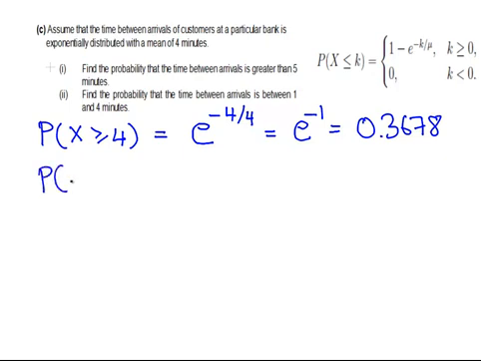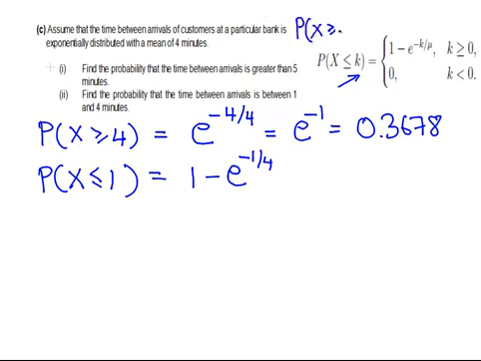Now, the probability of x less than or equal to 1, that is equal to 1 minus the exponential of minus 1 divided by 4, again using this formula up here. Actually, I'll just be clear again with regards to the first one there, that the probability of x being greater than k is just e to the power of minus k over mu. So it's the complement. These two expressions are the complements of each other.